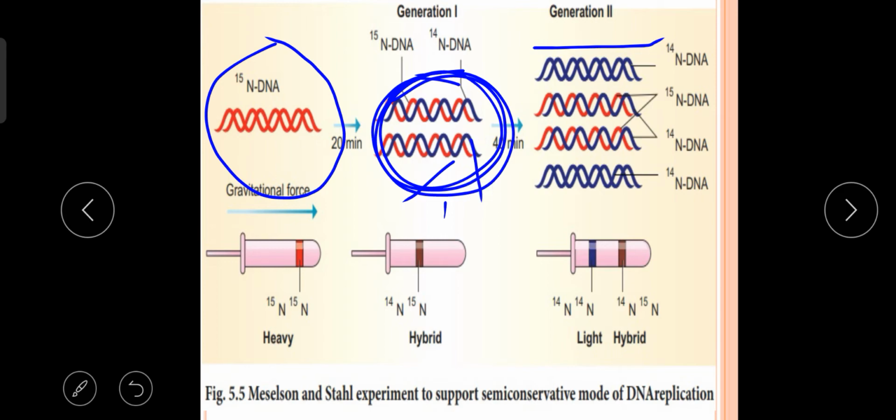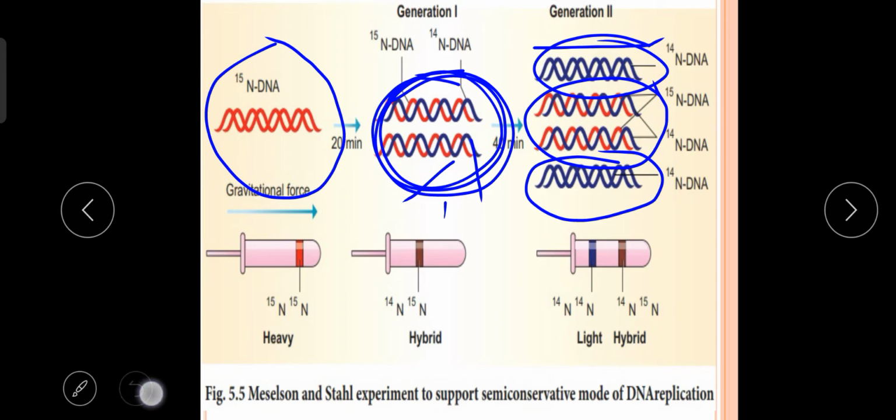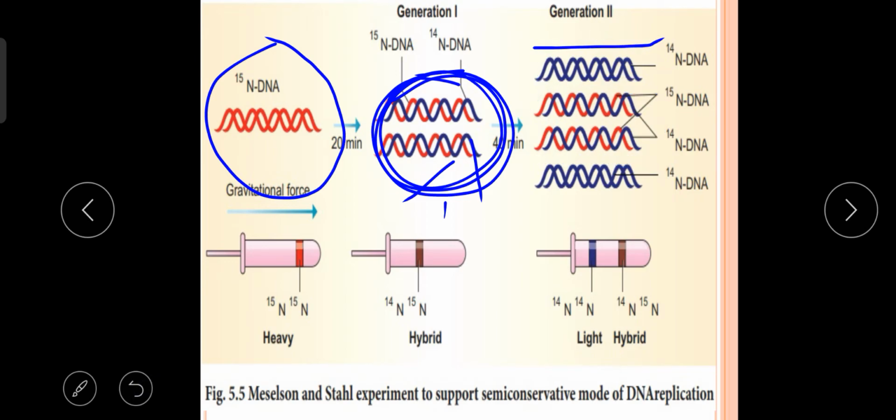In the second generation, you can clearly see here that only 2 DNA molecules are hybrid and 2 DNA molecules are lighter. Lighter means both strands contain 14N.